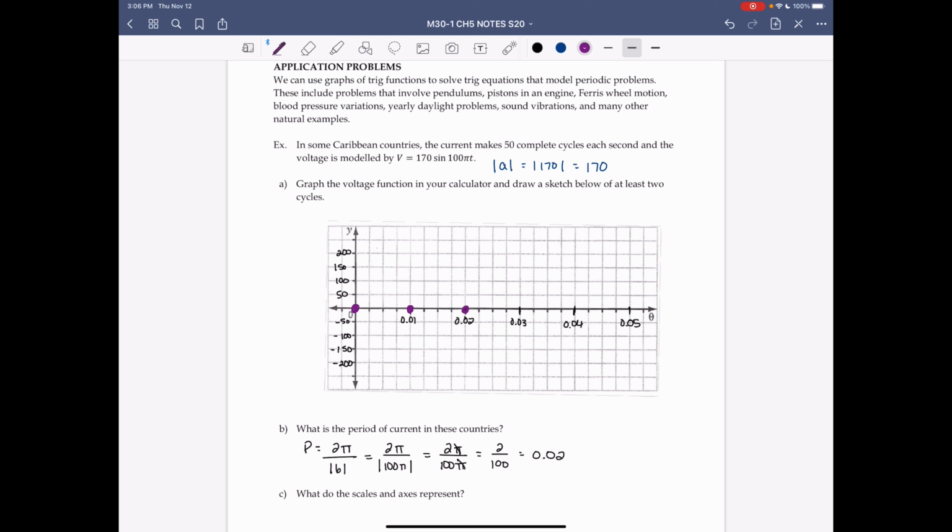We know our amplitude is 170, so our max values will be at 170, which is about here. And our minimum is negative 170, which is about here.